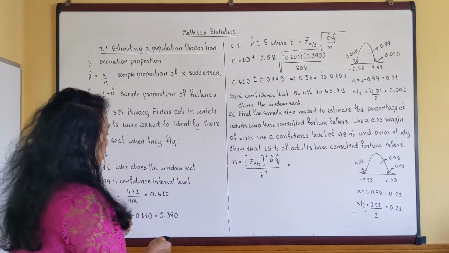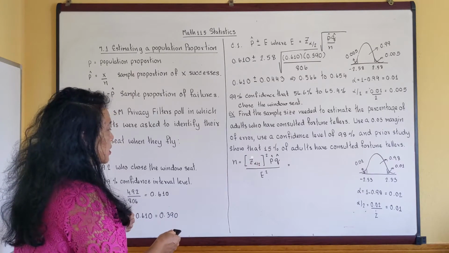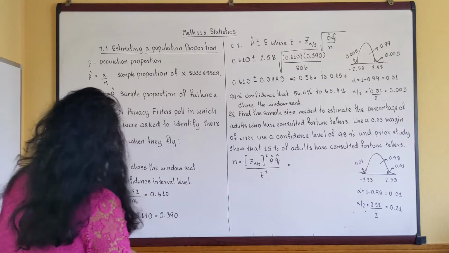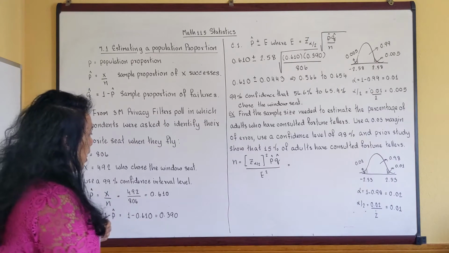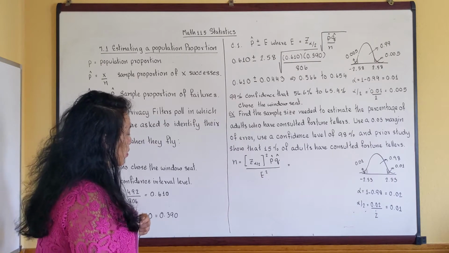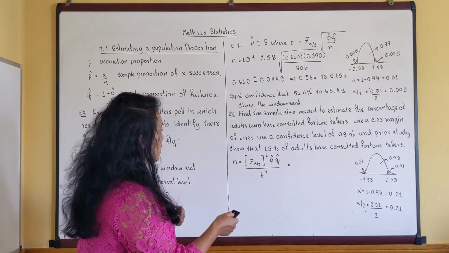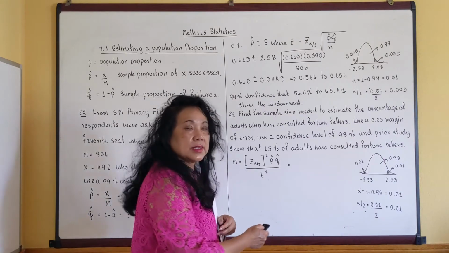So the formula for n is z alpha over 2, this is the z-score to the right, squared, times p hat q hat, over E squared. P hat, I have the formula here. Q hat is 1 minus p hat. E is the margin of error. So let's find the z-score to the right. Now they want 98% confidence. The confidence interval is always in the center.